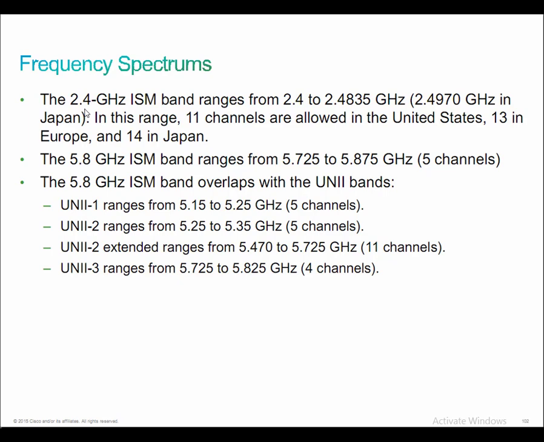Worldwide, the frequency ranges that are generally acknowledged in the 2.4 gigahertz range and the 5 gigahertz range are 2.4 to about 2.5 gigahertz and 5.725 to about 5.875 gigahertz.